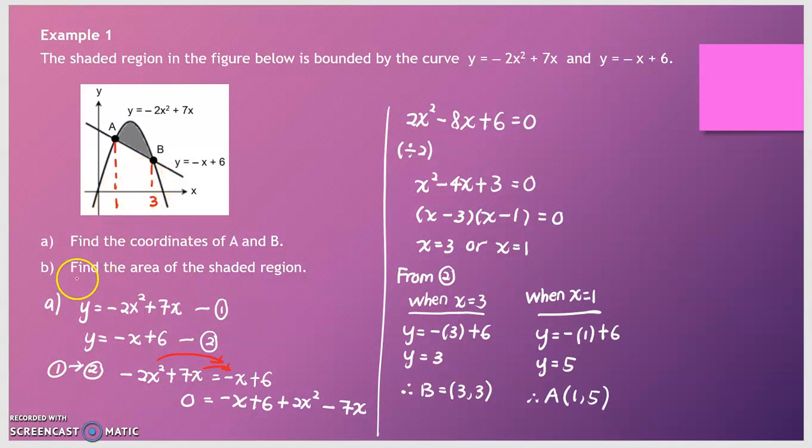So next, we'll try to find the area of the shaded region. Since we are using the value of x, so 1 and 3 is the value of x. So our equation must be in terms of x.